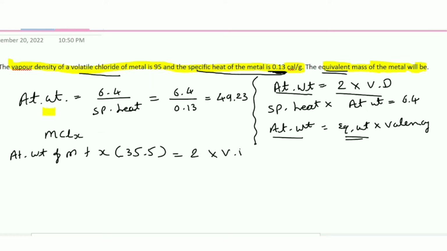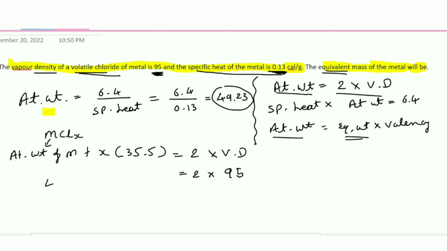The vapor density of the volatile chloride is given as 95. So 2 into 95. The atomic mass we have already calculated here, 49.23.